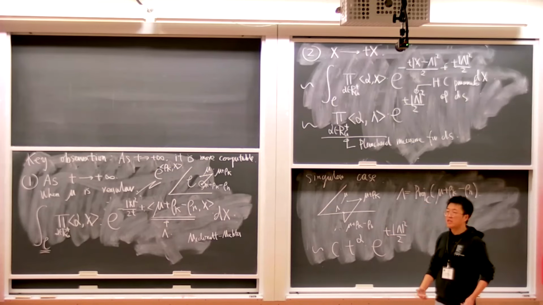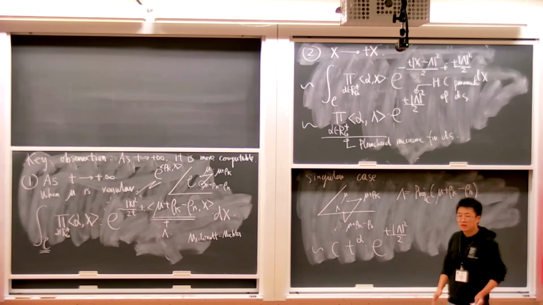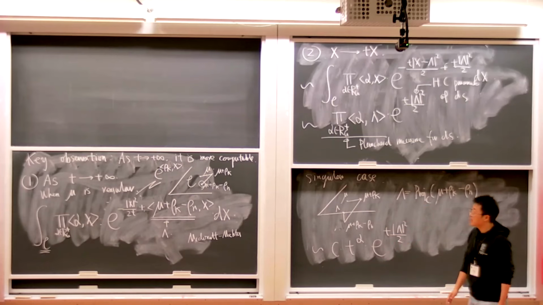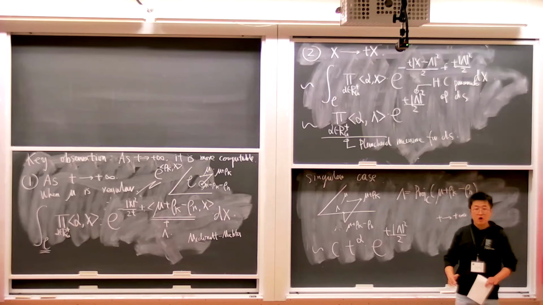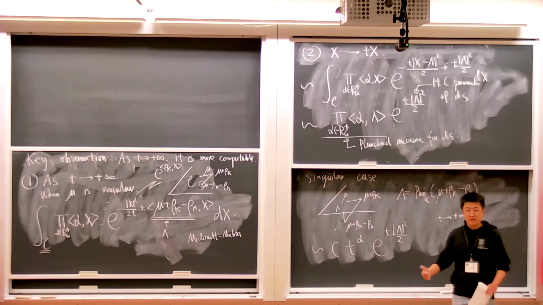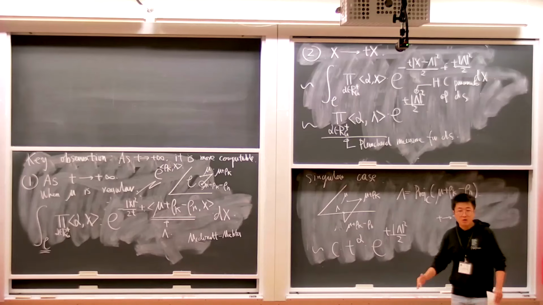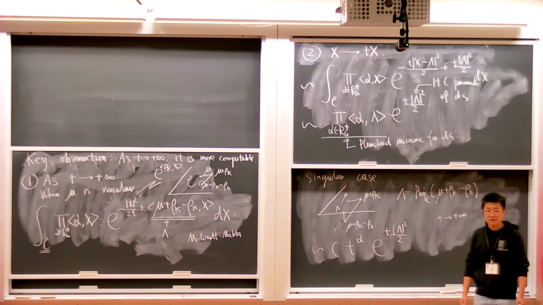When you do Gauss integration, you cannot really do the localization. This is more subtle here. Every step I did only makes sense when t goes to infinity. Every simplification I did is only valid when I let t go to infinity.